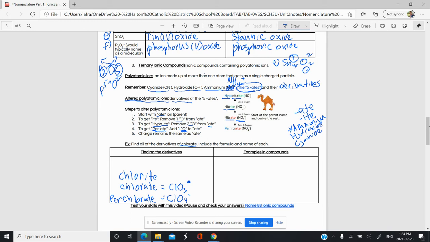So you need to remember those exceptions. All the other ides that you typically see are going to be just the regular element by itself. So chlorite, back to that, sorry, that was an aside here, is 1 less than the chlorate. So ClO2 minus 1. So it's still minus 1 here, minus 1 here, minus 1. Charge is not changing.